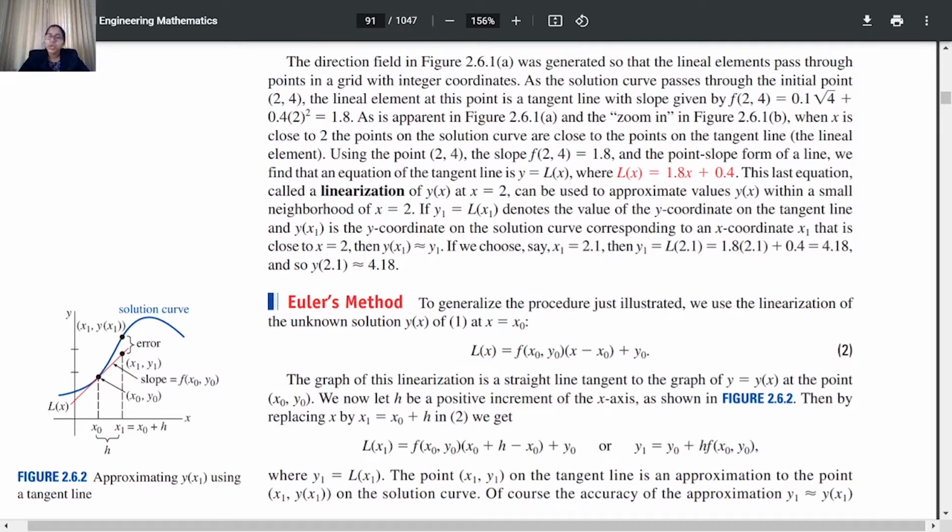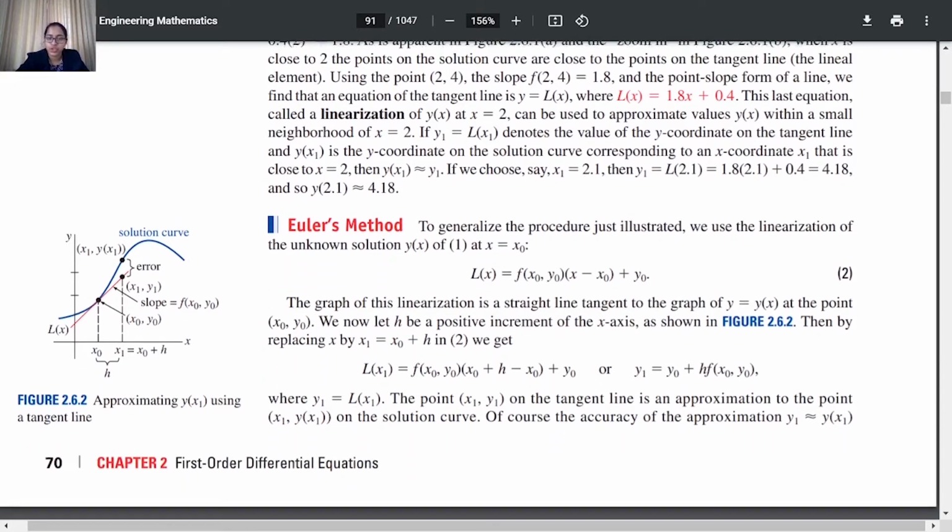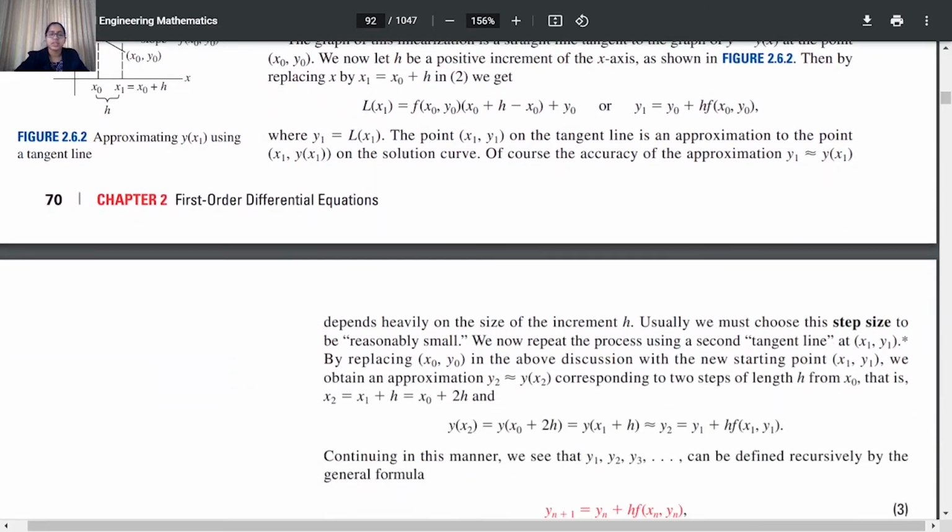Then next, we replace x1 by x1 plus h, so that will be x2. Here you can see x2 will be x1 plus h. So L of x2 will be correspondingly f of x dot y dot into x2, that is x1 plus h, minus x1, and when we move to the next step, our initial point will be x1 y1.